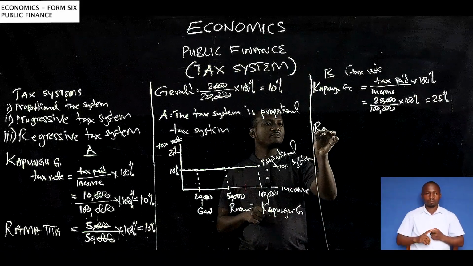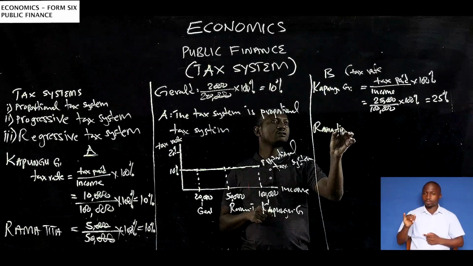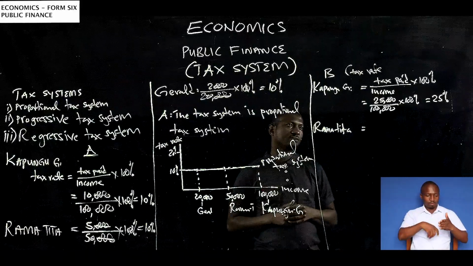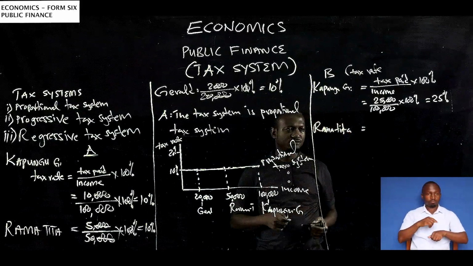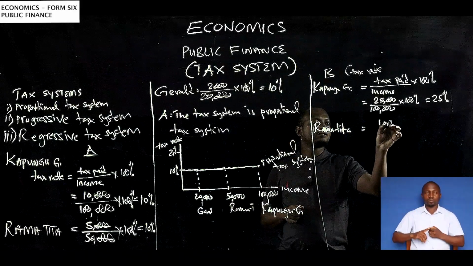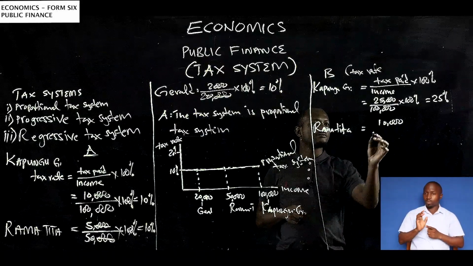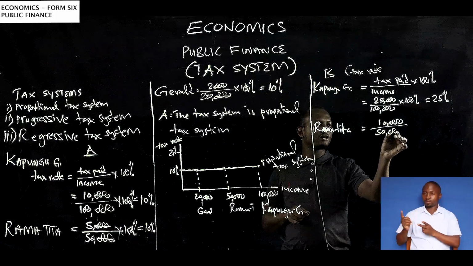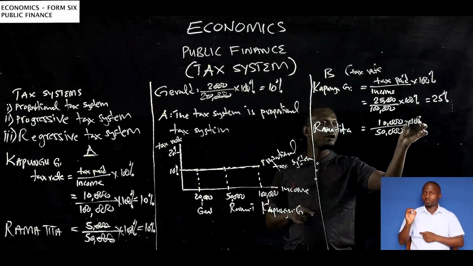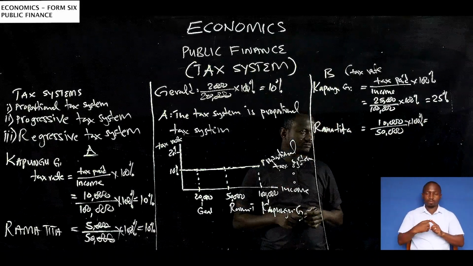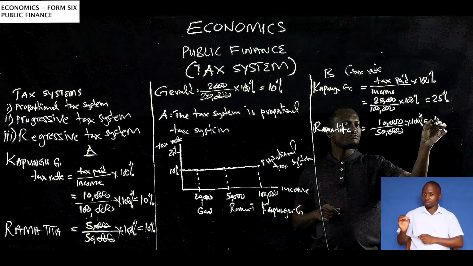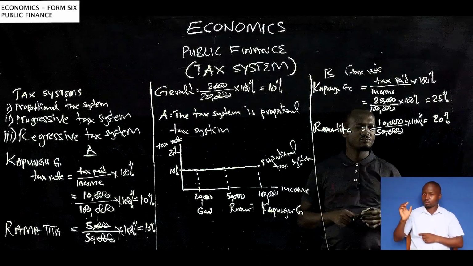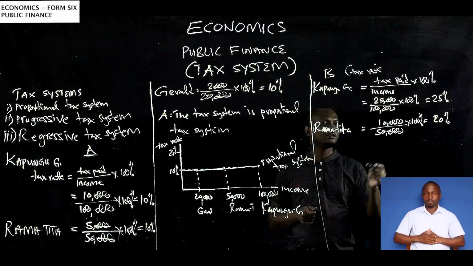And Ramatita tax paid, when you see our question, paid 10,000 while his income was 50,000 times 100%. Here we get 20%.